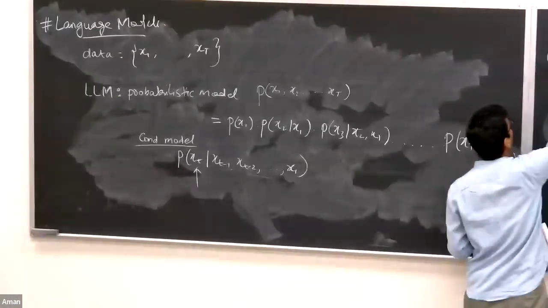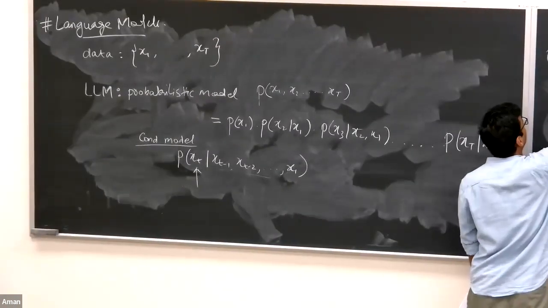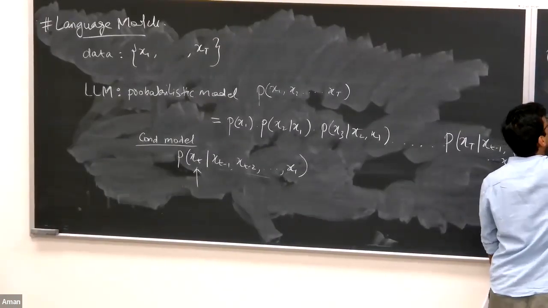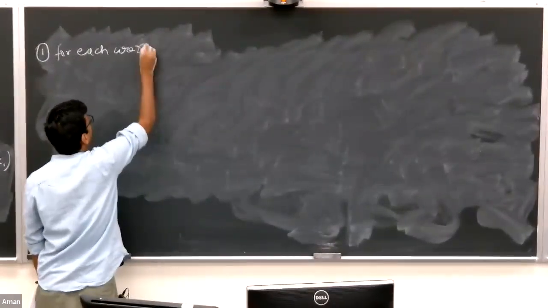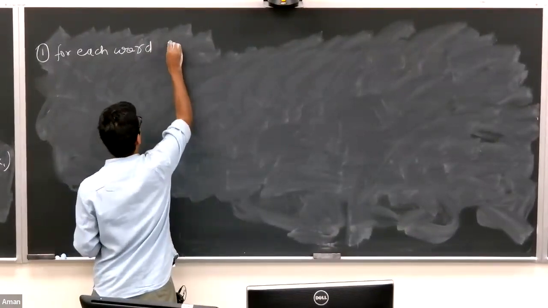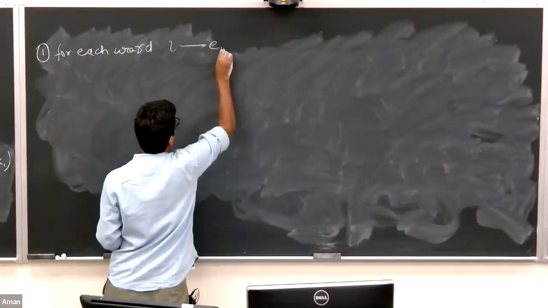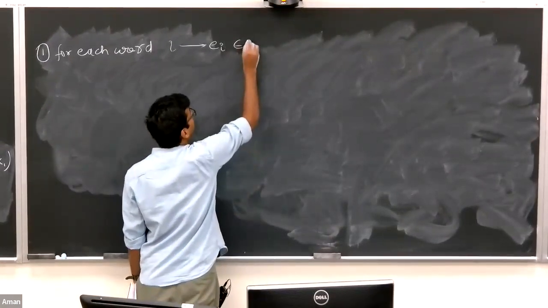Okay, so step one is that for each word in our vocabulary, we want a d-dimensional embedding.